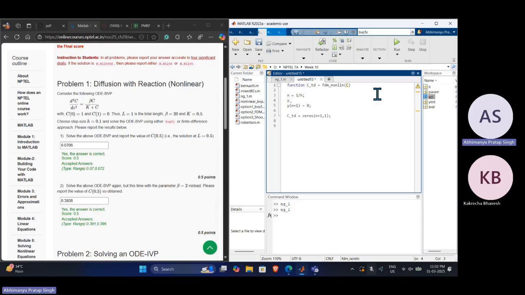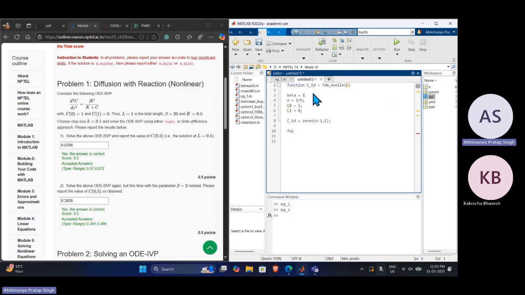Now I know that c0 is 1, c1 is 0. So we have n known to us.